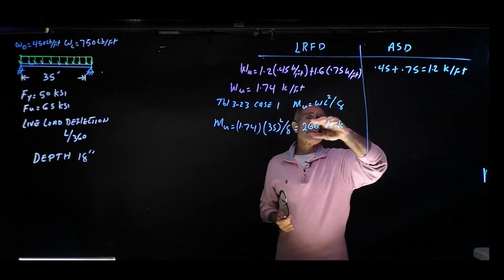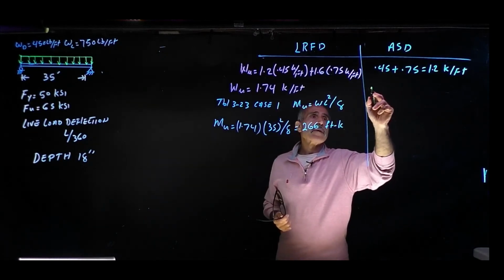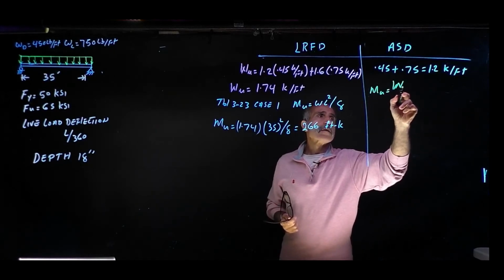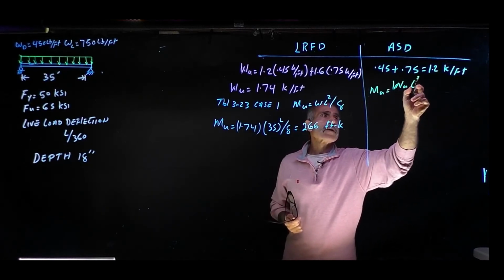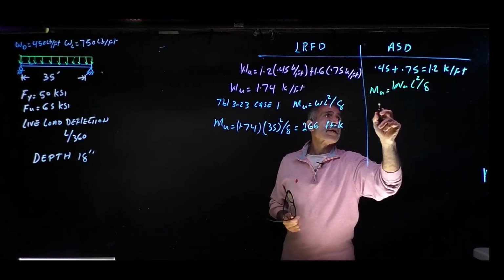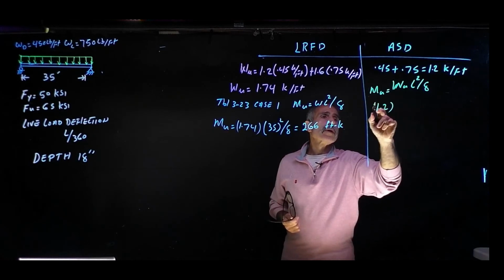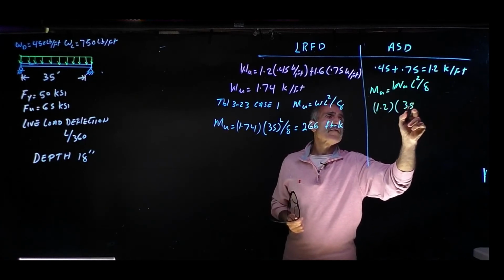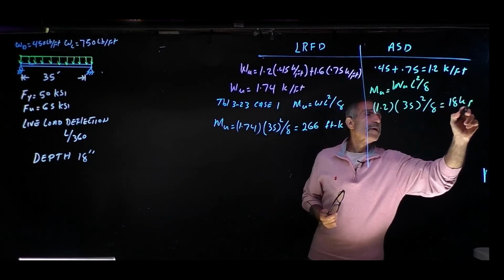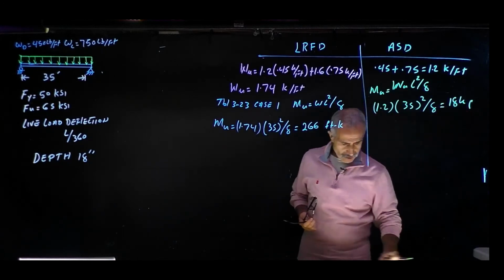We're going to do the same exact thing. It's going to be Ma equal to Wa L squared divided by 8, and our Wa came out to this. And so we're going to have 1.2 times 35 squared divided by 8.